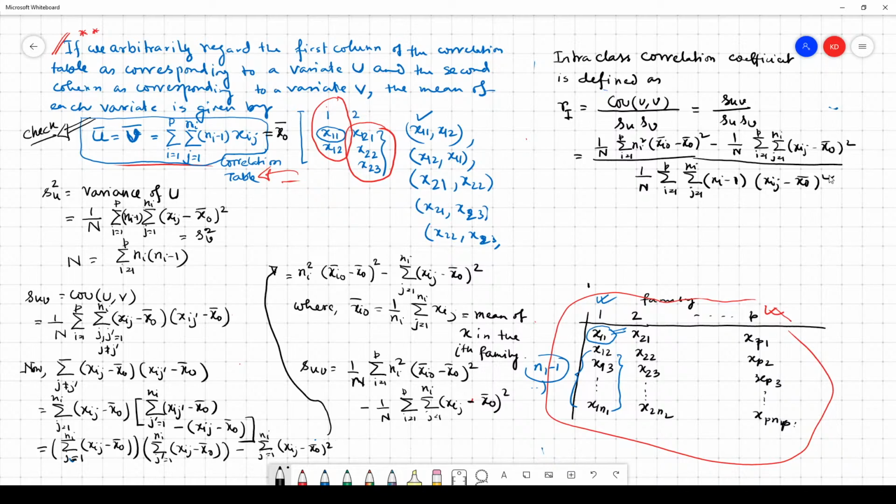So this is the intraclass correlation coefficient for the general case.